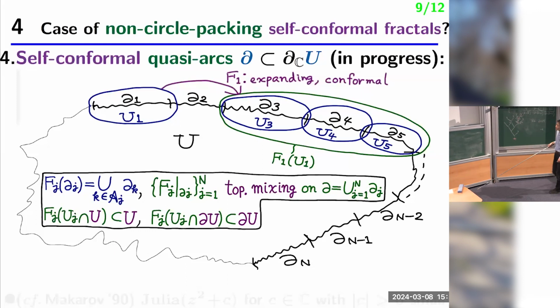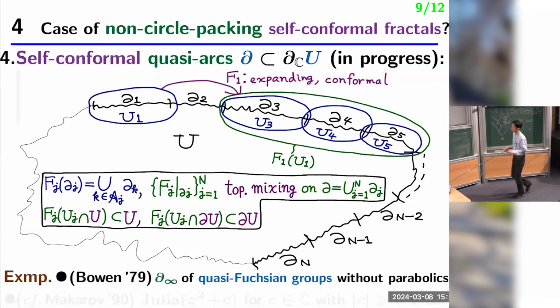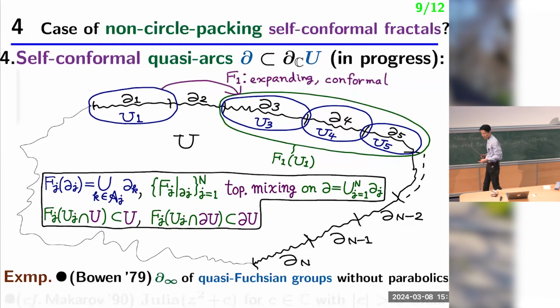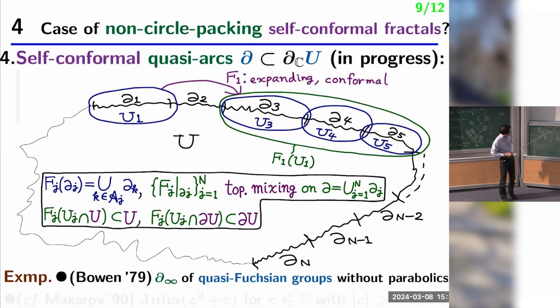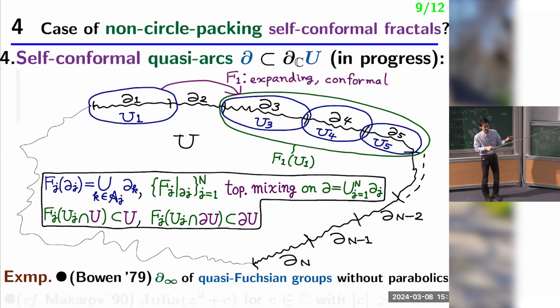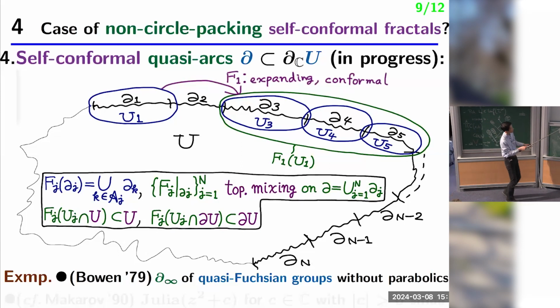So this is the setting, and it's also a classical fact in complex dynamics that various self-conformal curves appearing there indeed satisfy this structure.